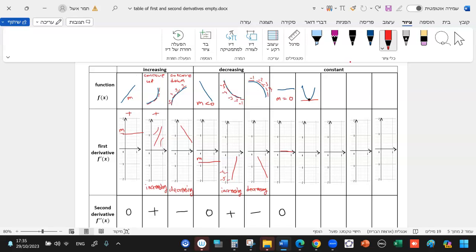At this point we have gradient that is equal to 0, and at this certain point the function is a constant. The first derivative will be 0 at this point.